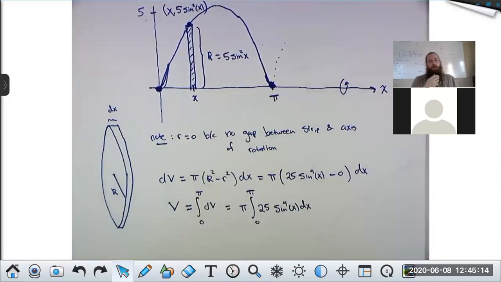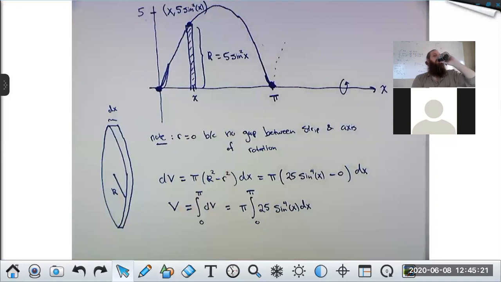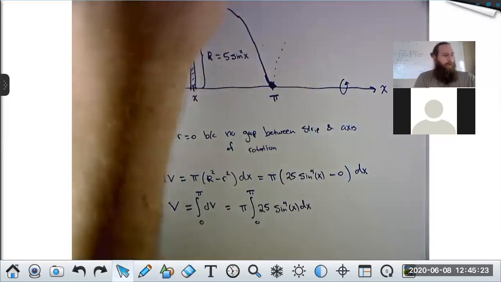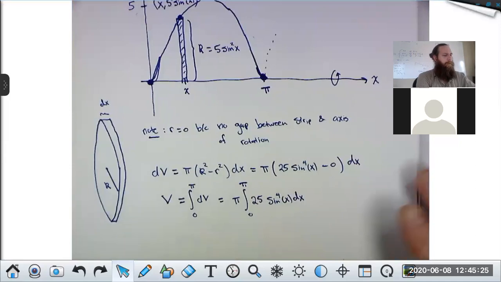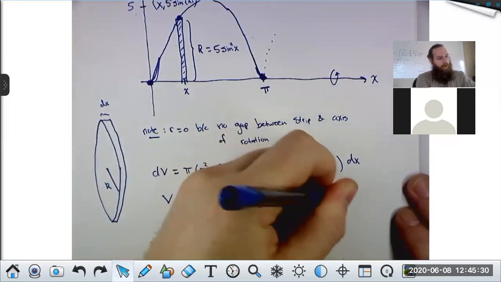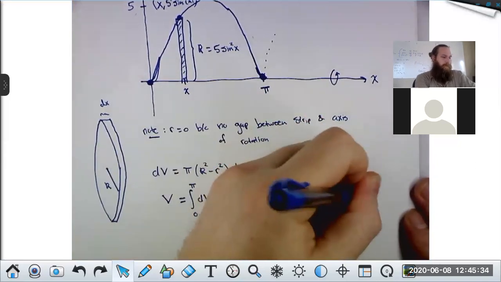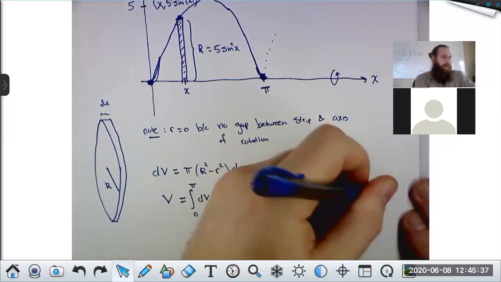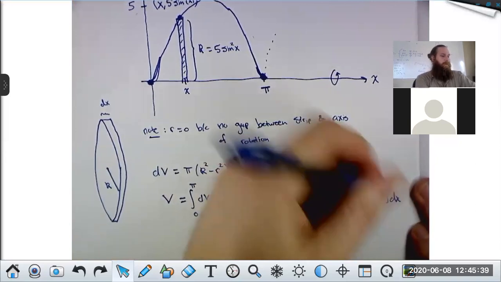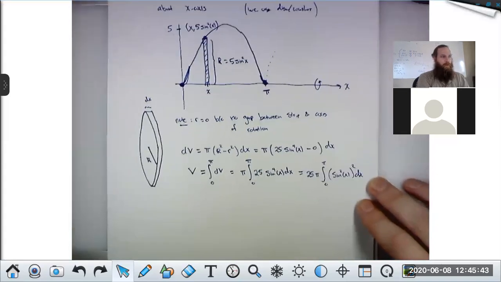Which is not a super nice integral, if I'm honest, for the same reasons that the last one was not super nice. It's an even power of sine or cosine. I'll pop out the 25, and I get 25 pi integral 0 to pi sine squared x all squared, to which I apply my half angle formula.